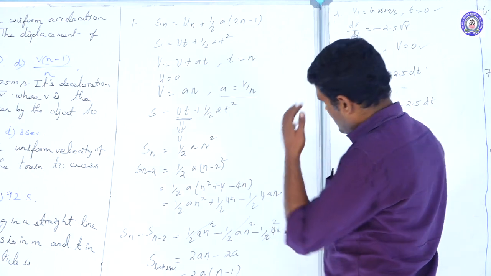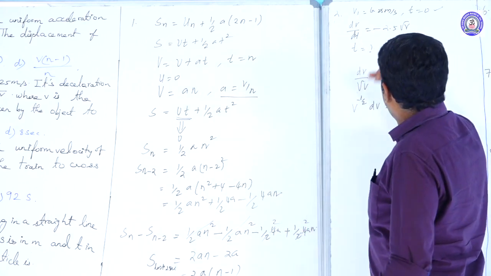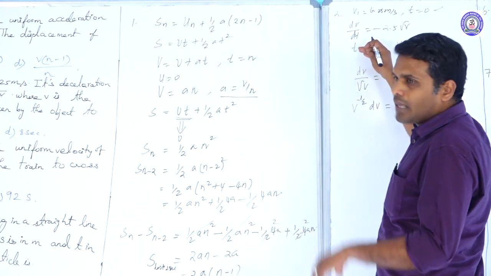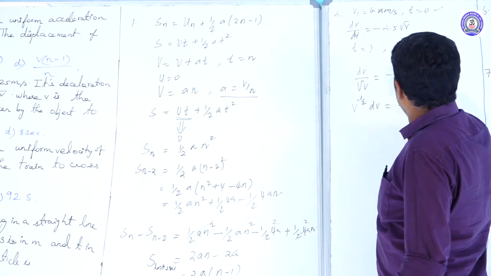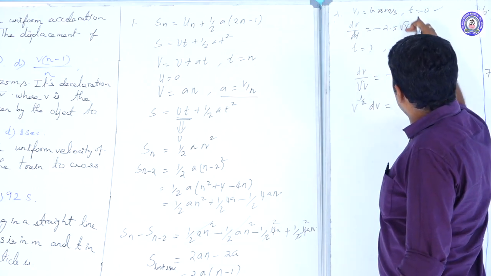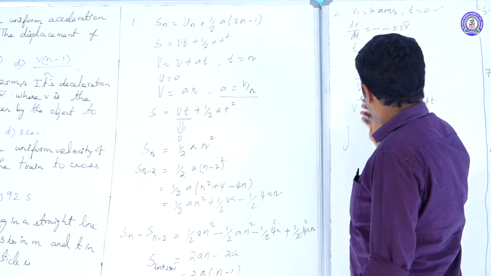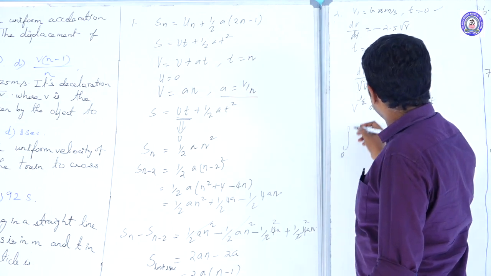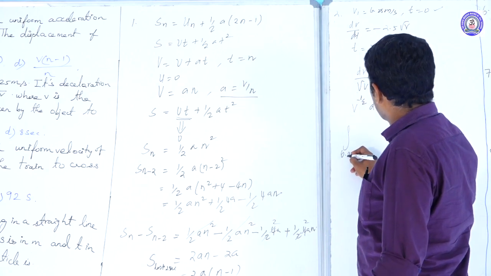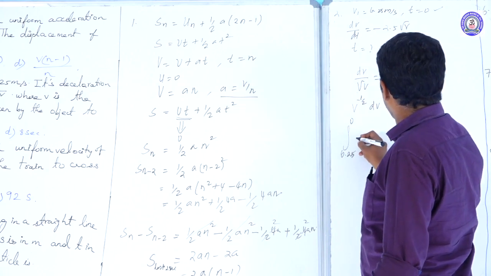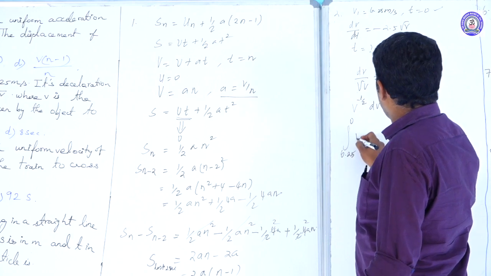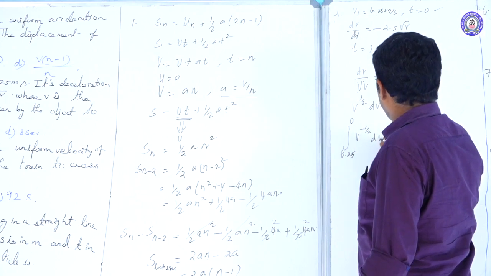As it is clear, if time changes from 0 to some unknown time, the velocity changes from 6.25 meter per second to 0. So bringing in the limits and integrating, when velocity changes from 6.25 meter per second to 0, it is v power minus half dv.